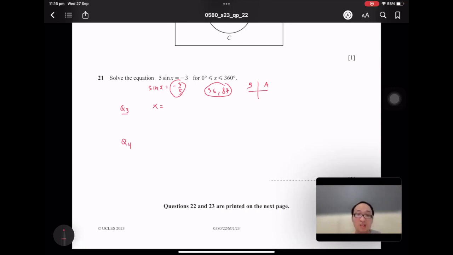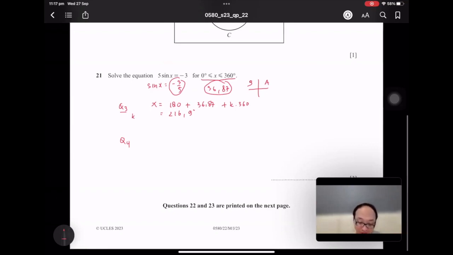The angle in quadrant 3 is 180 degrees plus the basic angle, plus the period, but we don't use the period because the range is only from 0 until 360. So this equals 216.9 degrees for k equals 0. We don't put the period in here.